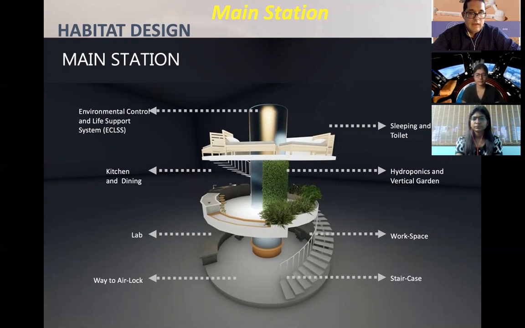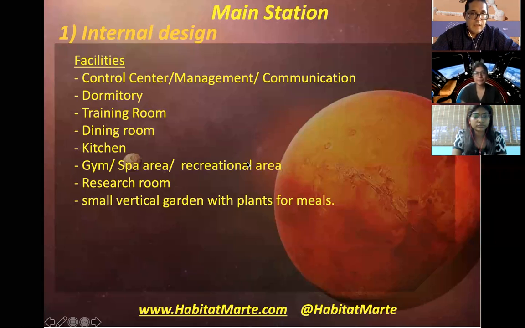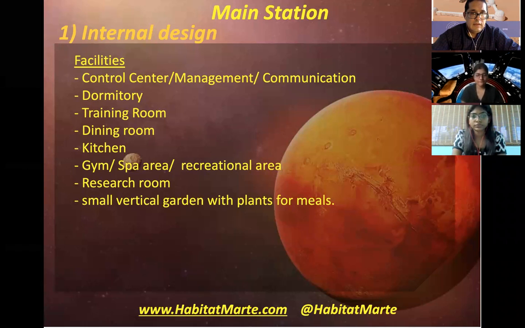In this case we are imagining beds for everyone, and this design does not consider beds for a crew with around 25 or 30 members in this mission. On Mars, in the main station, we are imagining some facilities like the control center, which is responsible for management and communication.